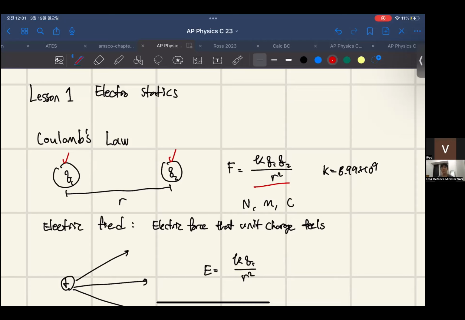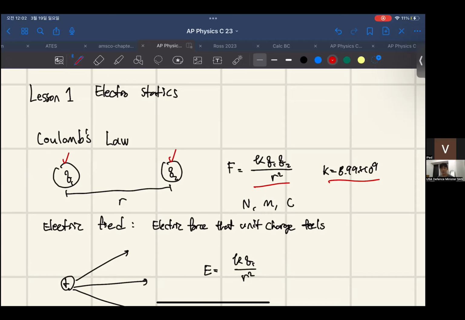Now, this formula makes so much sense simply because k is a constant, and Q1 and Q2 are literally the charges of the two charges. That sounds kind of weird, charges of the two charges. But yeah, those are the two charges.